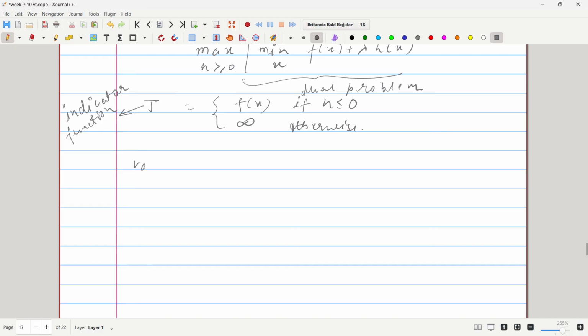And for weak duality, the value at the dual optimum is less than or equal to the value at the primal optimum.